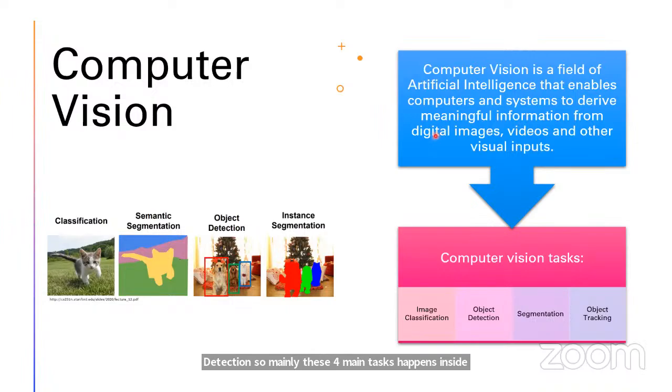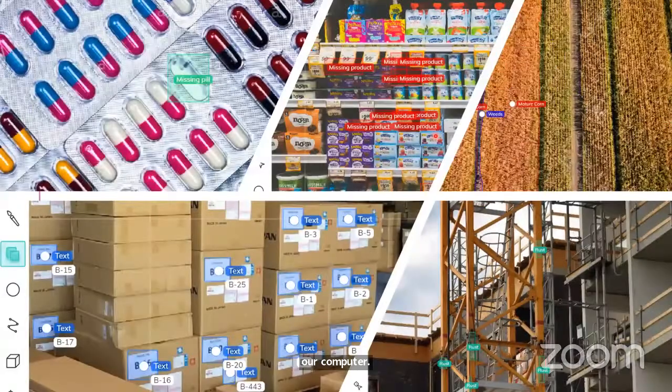Now let's see some examples of object detection and how we can take advantage of it in different industries.